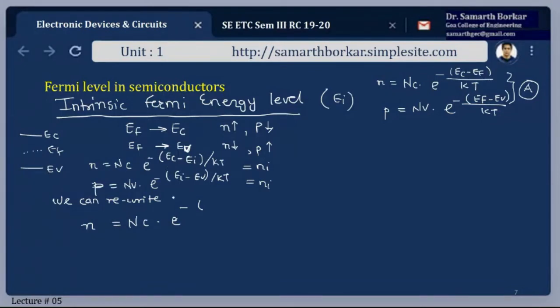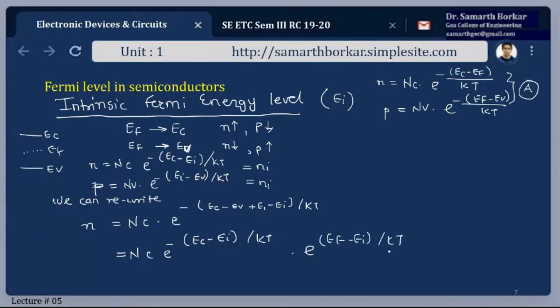So let me write this as EC minus EV plus EI minus EI by KT. Again, we can write this as NC e raised to minus of (EC minus EI) by KT, times e raised to (EF minus EI) by KT.